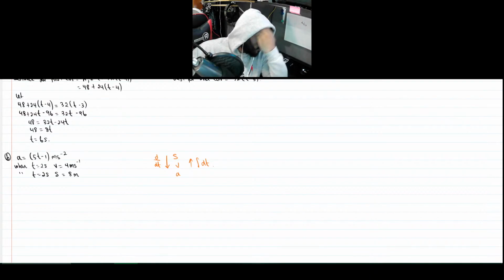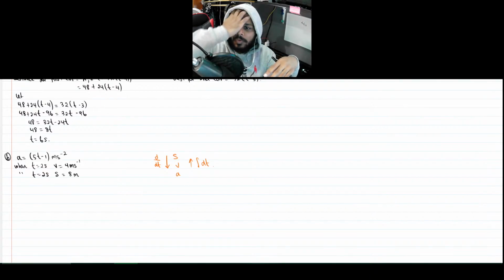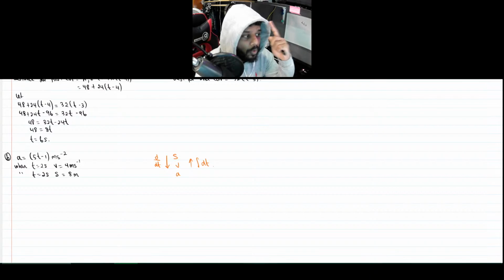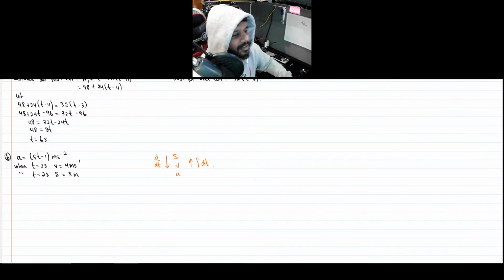So for this one, we want part 1: its velocity when t is equal to 4. I want velocity and I have acceleration, so I have to integrate.